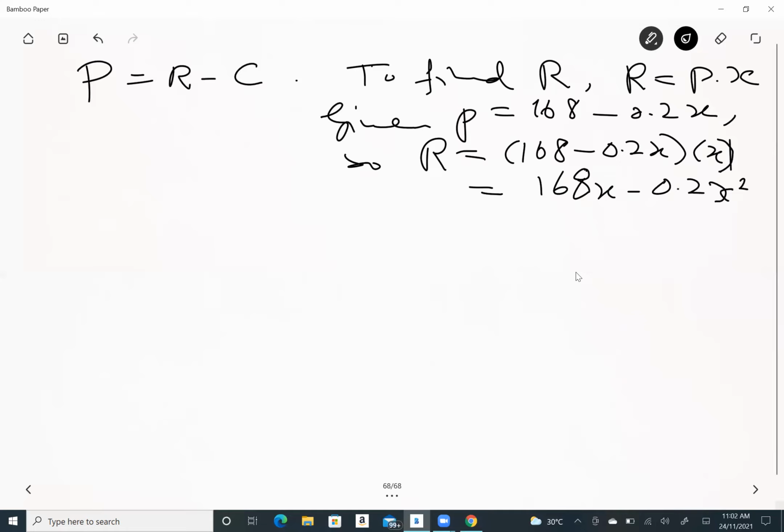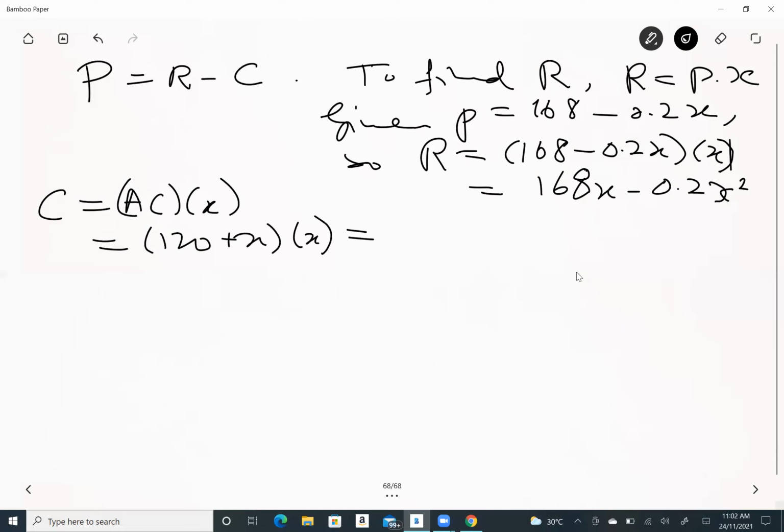Now cost is not given. They give you average cost. So you want to find the cost. It's average cost multiplied by x. Average cost is given as 120 plus x, times x. So that will be equal to 120x plus x squared. So that is our cost function.